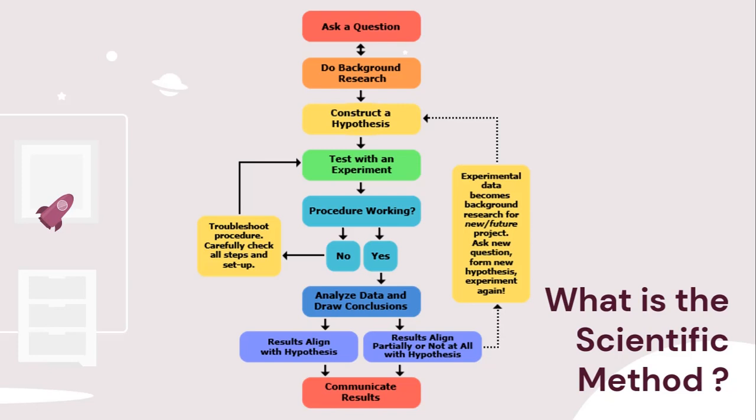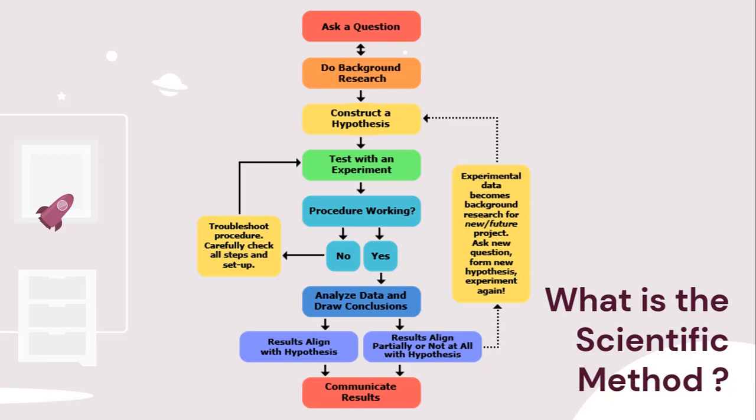It is iterative, but there's a system wherein you ask a question, you find the problem, and then you do the background research, and then with what is known you construct a hypothesis, and then you test that hypothesis with an experiment, and then you analyze your data, and you not just present what is there, you analyze it, you draw your conclusions from that, and evaluate them with the hypothesis that you gave, and then you communicate your results.